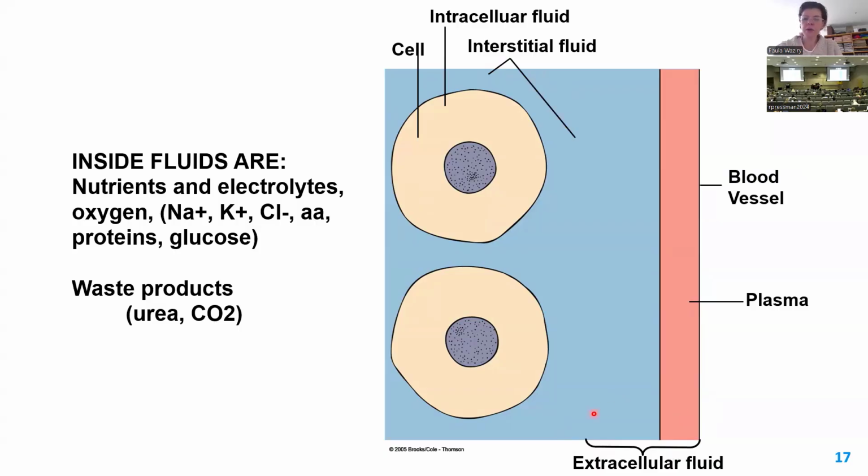You have your interstitial fluid that is going between the cells, and then you have plasma that is running with your blood. Inside the fluids, you're going to find nutrients, electrolytes, oxygen and sugars, and waste products given off by the cell, like carbon dioxide and urea and some other byproducts. These are examples.